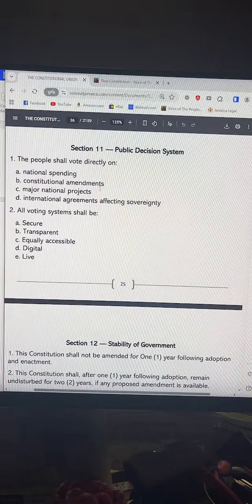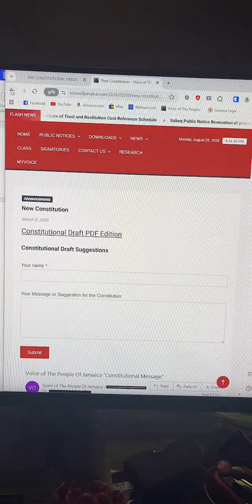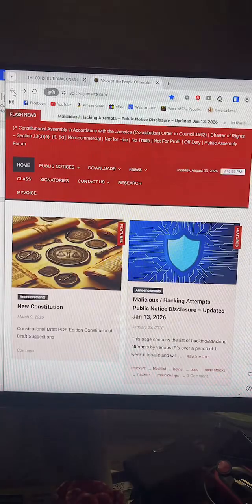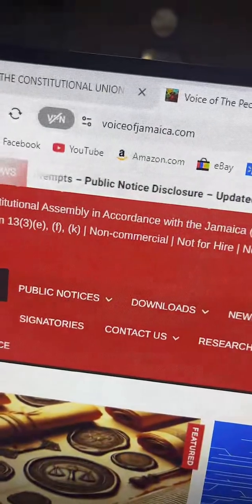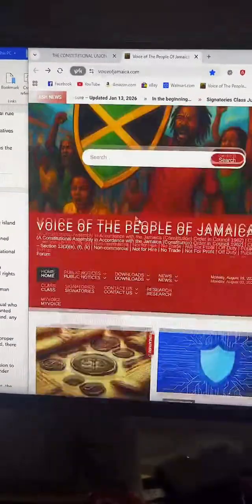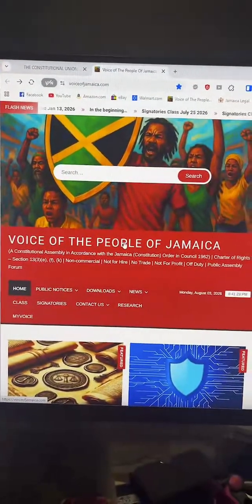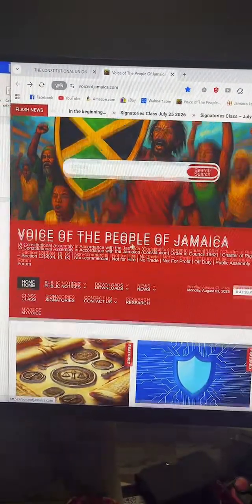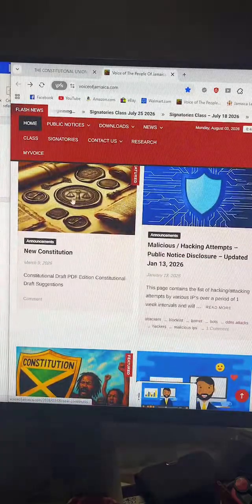All right, for the newcomers who want to figure out what exactly we are reading from and where we're at, you would go to the website voiceofjamaica.com. Right? When you get there, this is what you will see. Once you see this, you know you're in the right place. You scroll down and you click on New Constitution.